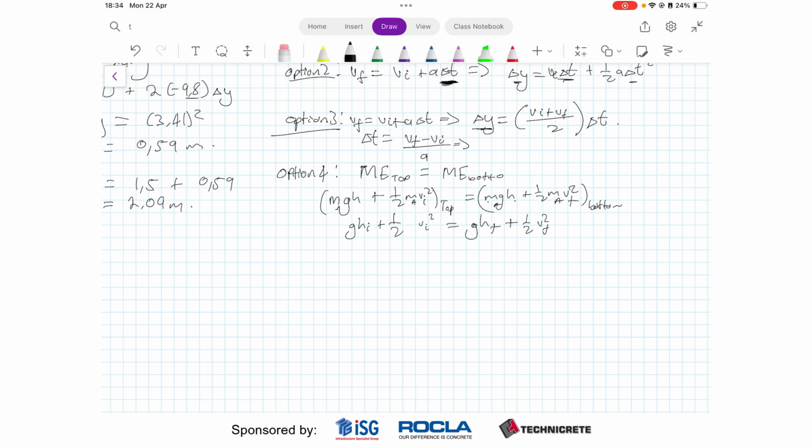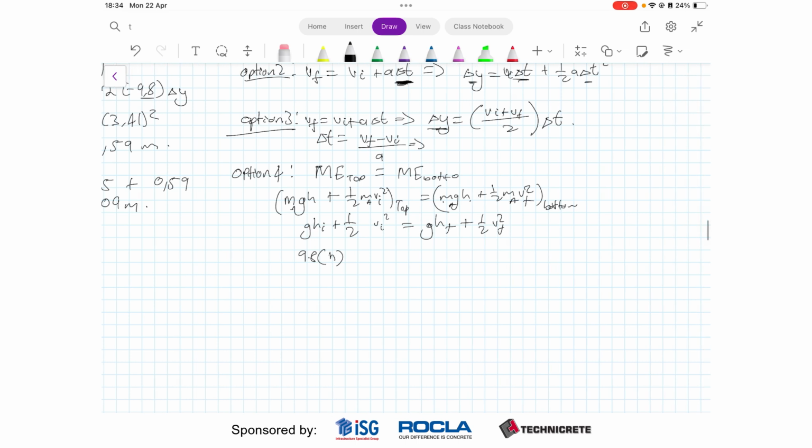Right, now from here, g is 9.8. We don't know the initial height, plus 0, because remember our box was at rest, which is equal to 9.8 multiplied by 0.